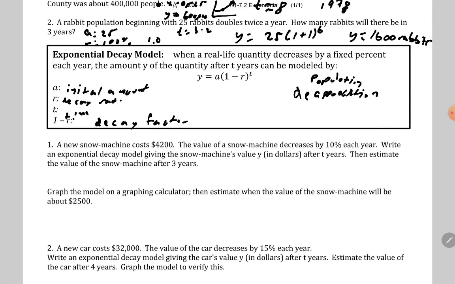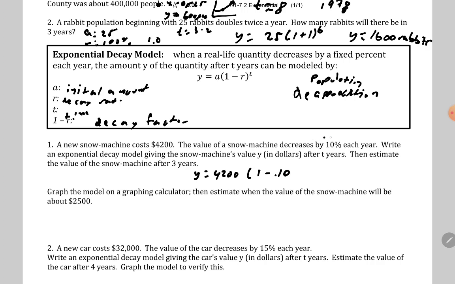A new snow machine costs $4,200. The value of a snow machine decreases by 10% each year. Write an exponential decay model, and then estimate the snow machine's value after 3 years. So y equals 4,200, my initial amount, times 1 minus 10%, which is 0.10.